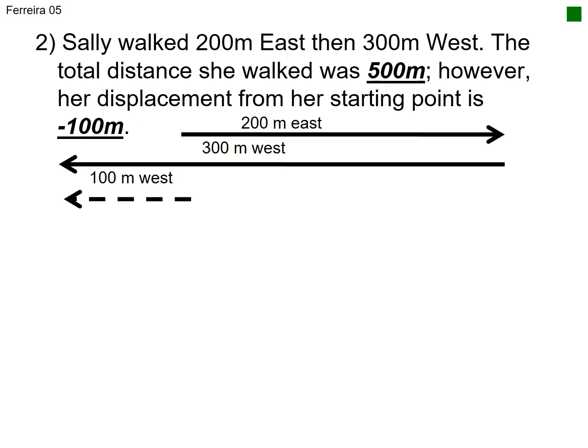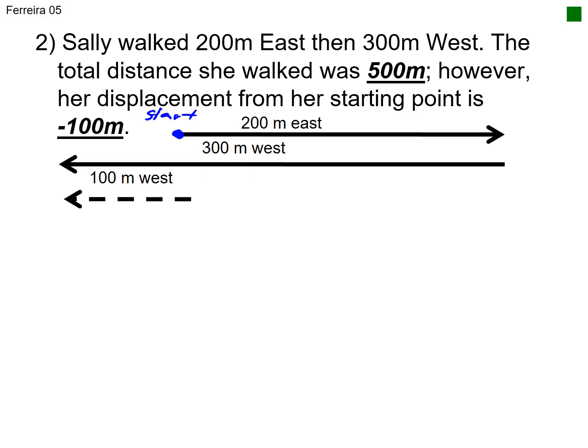All right, so here we are with our second example. It says Sally walked 200 meters east and 300 meters west. The total distance she walked was 500 meters. However, her displacement from her starting point is -100 meters. So let's see how we got those numbers. I'm going to put a little circle here, and this is where she started.